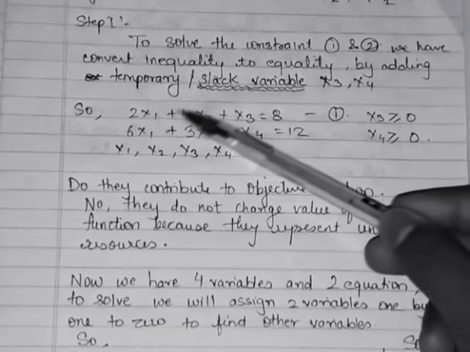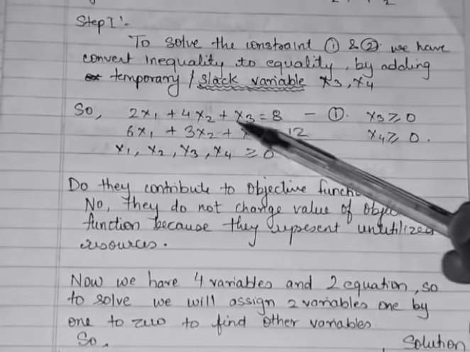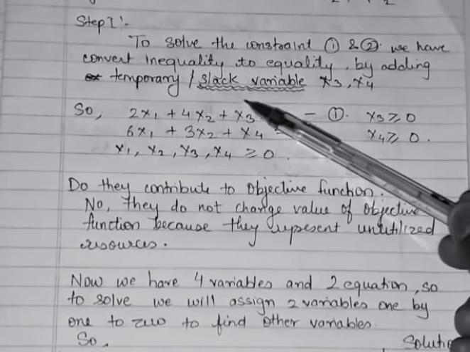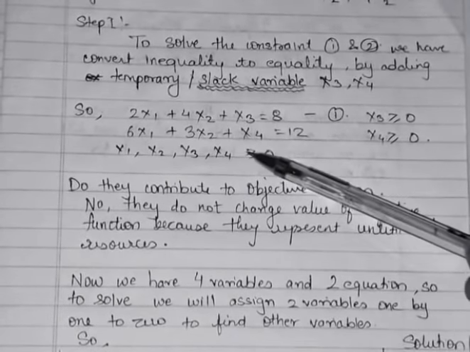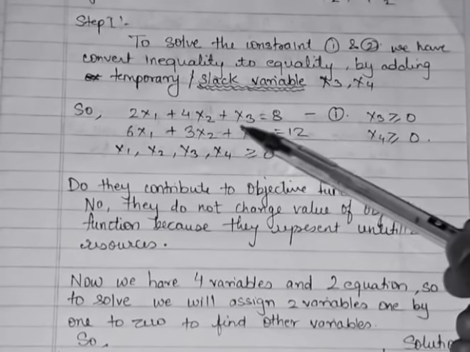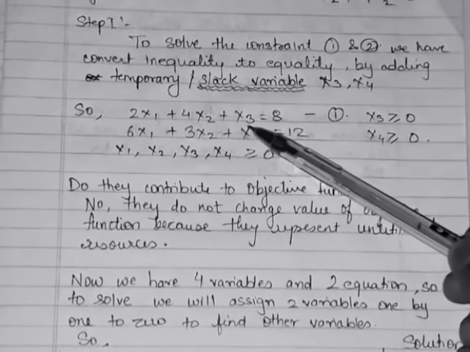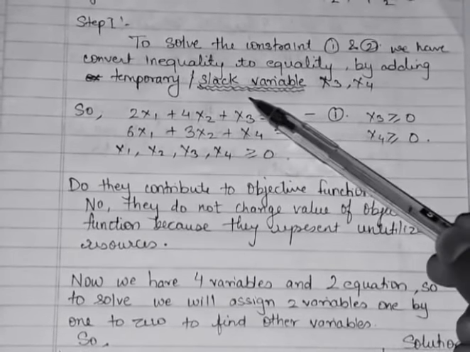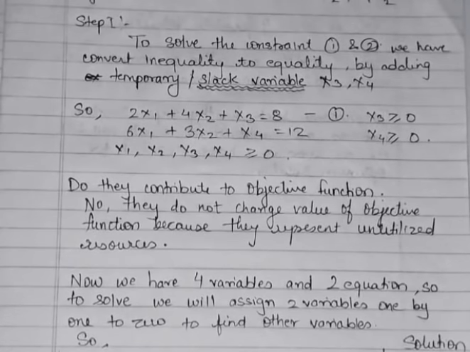So by taking 1 comma 1, x3 and x4 give me the value of how much resources are unutilized. So this represents the unutilized resources, right? So basically 2 units of R1 and 3 units of R2 are still left and not used in the manufacturing process to maximize the profit, right?